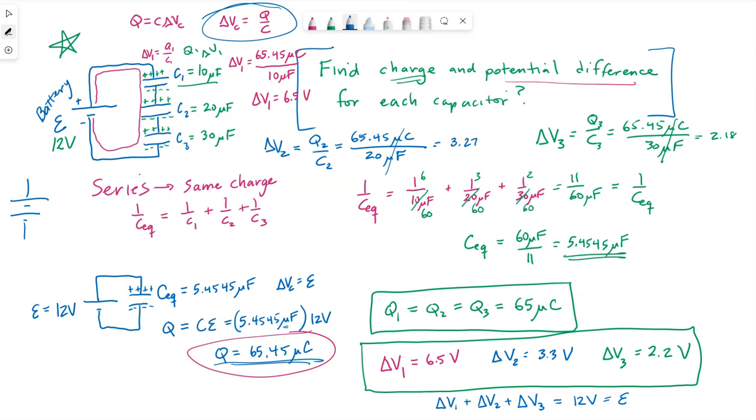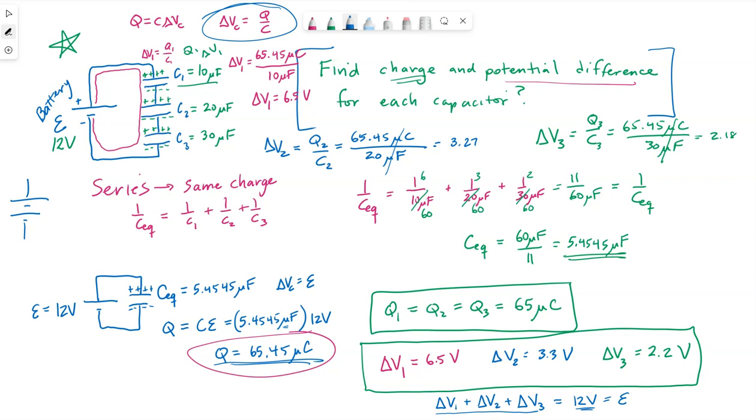Which needs to happen. In series, we add up all of those potential differences and they will equal the battery voltage. That's specific to series itself.